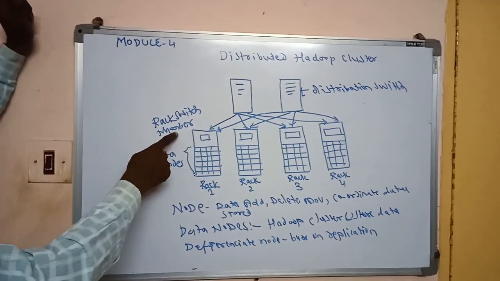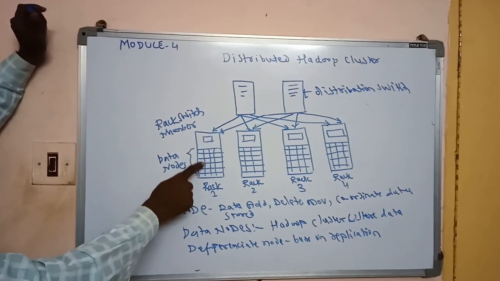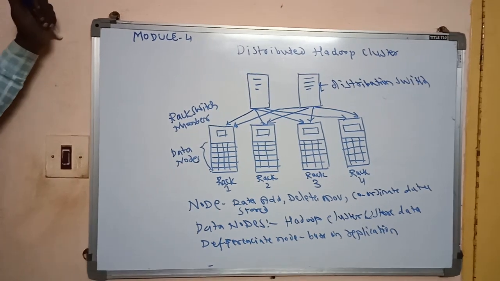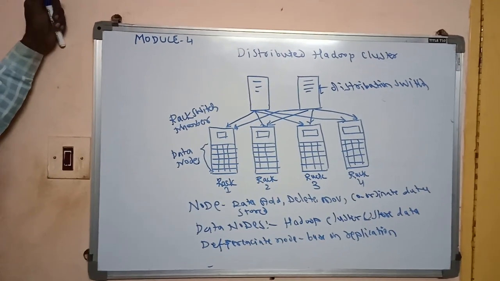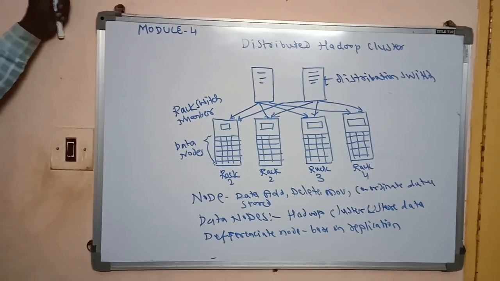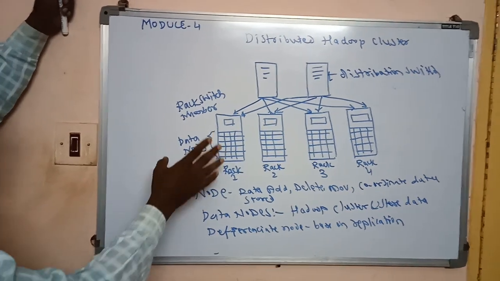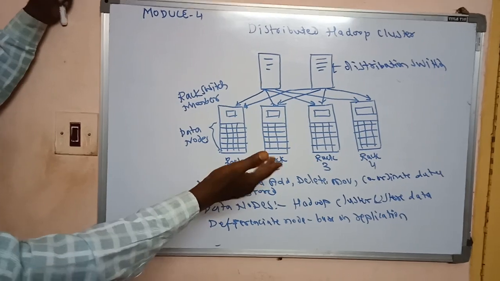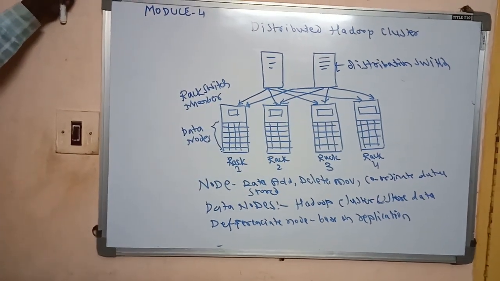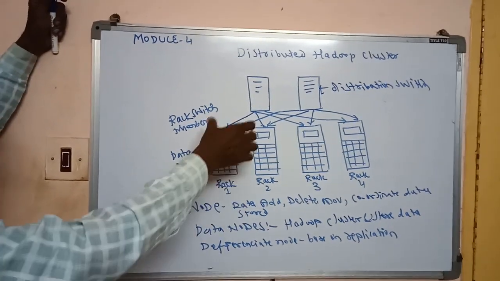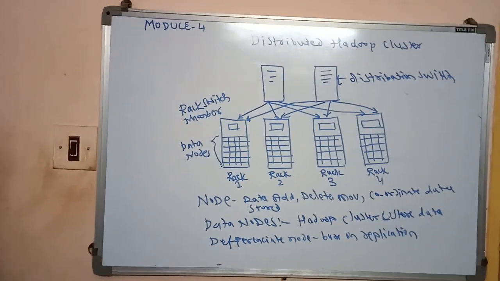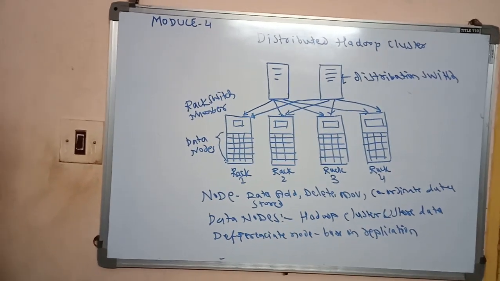Through the rack switch, these are treated as the data nodes. A node is nothing but a group of information, maybe structured or unstructured, whatever it may be, that should be stored in the form of data nodes. So in the form of racks, rack 1, rack 2, rack 3, different data are stored, and these are connected and communicated with the distributed switch. The distributed switch is a Hadoop tool in big data analytics.